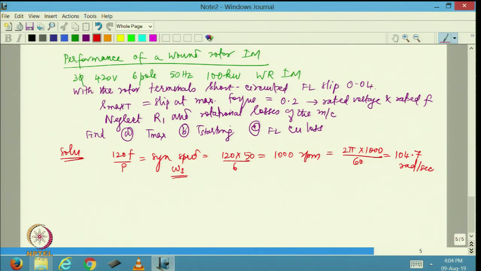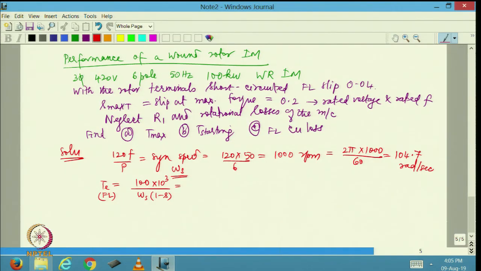Okay. Now, I should be able to write what is the full load torque. So, this is 100 kilowatt. So, TE, which is full load torque, will be corresponding to 100 divided by omega s multiplied by 1 minus s, right.